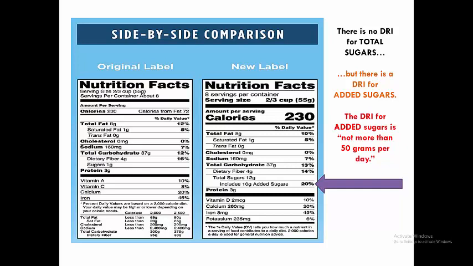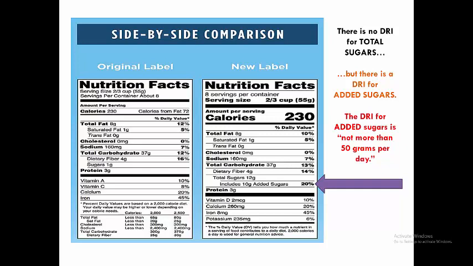So again, on the left, we have the traditional label that still exists on many packages, which just lists total carbohydrate, fiber, and sugars, and we know that total carbohydrate and sugars are useless lines on the label. But if you look at the right, then there's an additional line, and it says includes X grams of added sugars. Well, there's no daily recommendation, as you know, for total grams of sugar.